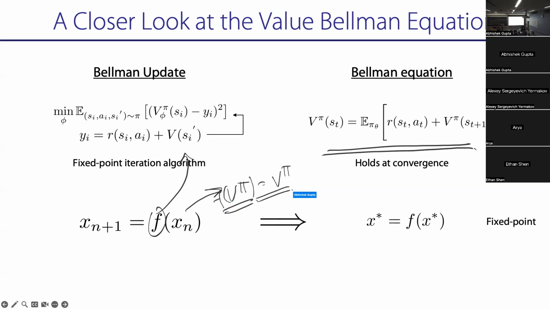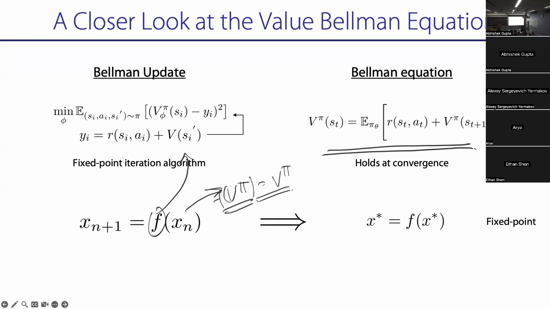You know that's true. If you have the true V pi, perfect, then f of V pi perfect is equal to V pi perfect, just by definition. That is literally the Bellman equation. So what we need to show is that this iterative procedure gets x_n, where n tends to infinity, to be equal to V pi.